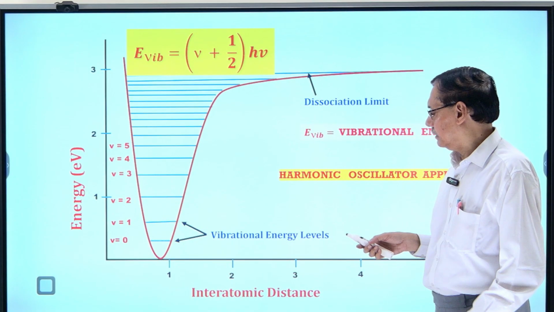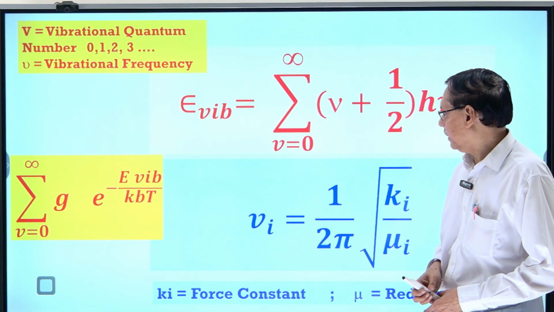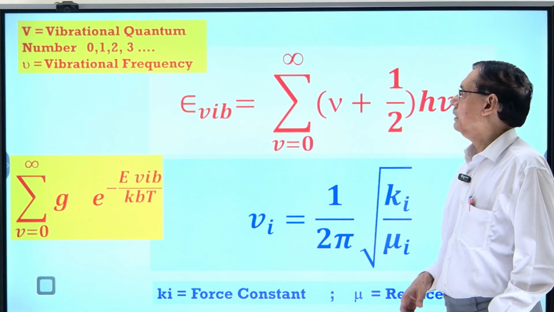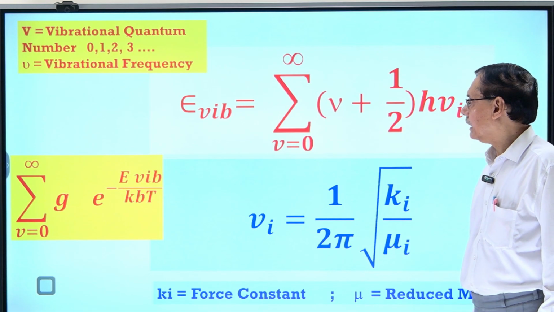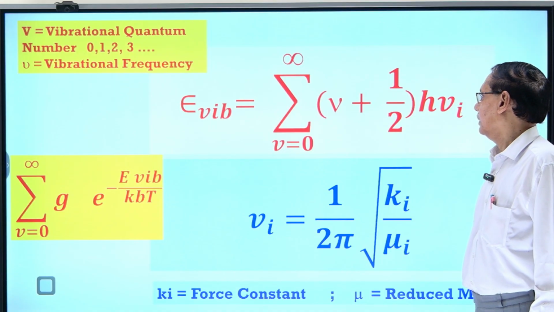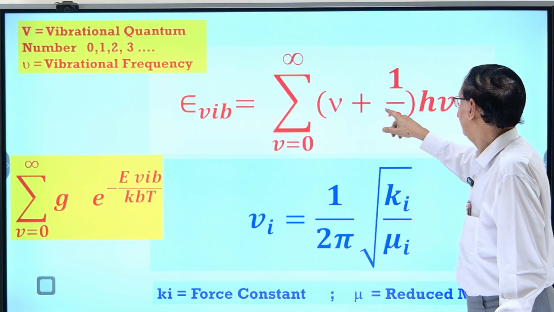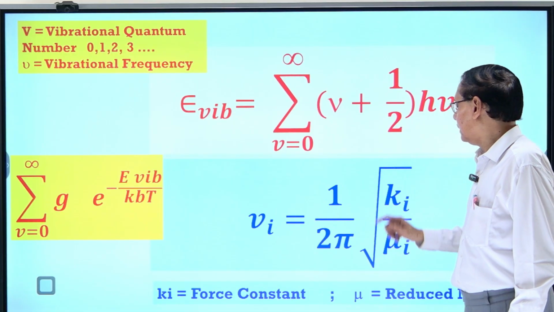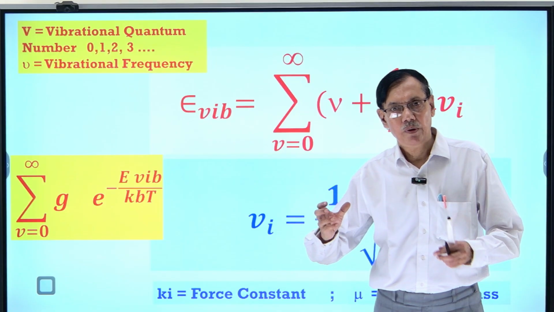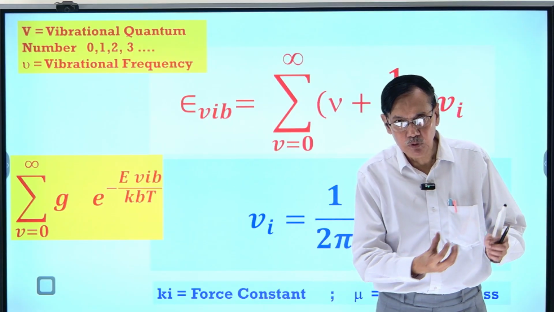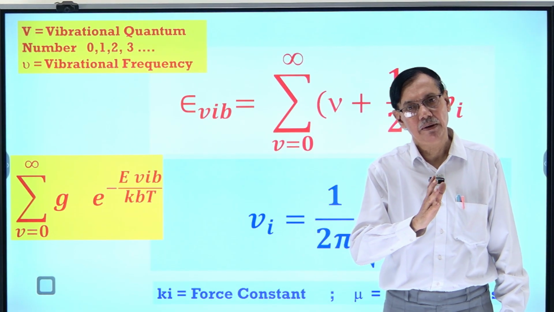Now one thing is important here, whenever we derive the vibrational energy, I have already given this formula. But another thing is important. I am not going to discuss Hooke's law and the pendulum structure and this spring model, how to calculate the force constant and the displacement.